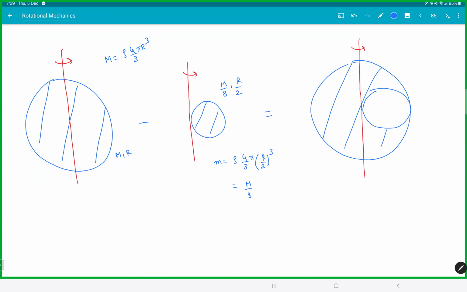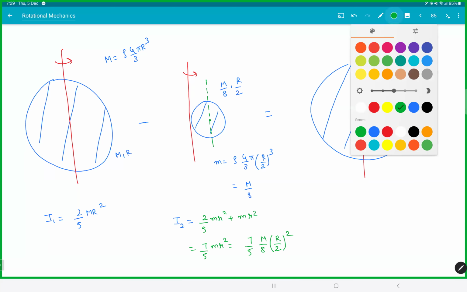Now what is the answer for this? Let's call this thing I1, which is 2/5 mr square. Let's call this thing I2. What is I2? Remember, you have to use the parallel axis theorem. That will be 2/5 small m small r square plus small m into r square, which is 7/5 small m r square, where small m is m/8 and small r is r/2.